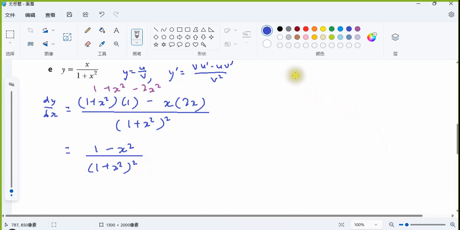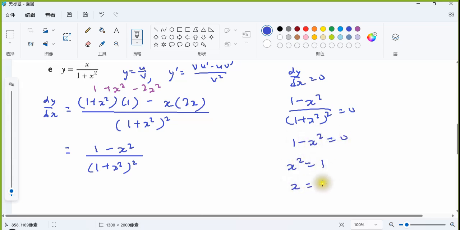So over here, finding the second derivative for this will be very difficult. So we will use another method to check whether it's a maximum or minimum. But before that, we find dy/dx equal to 0, that is (1 minus x squared) over (1 plus x squared) squared equal to 0, then 1 minus x squared equal to 0, x squared equal to 1, x equal to plus minus 1.